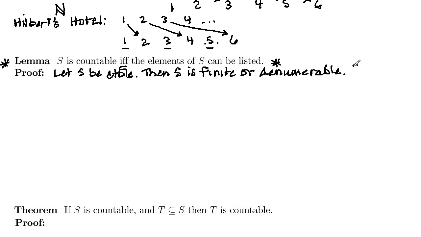So if S is finite, then that implies that S is equinumerous with 1, 2, up to n for some natural number n. And that's by definition.